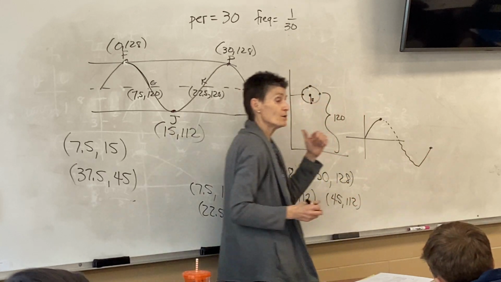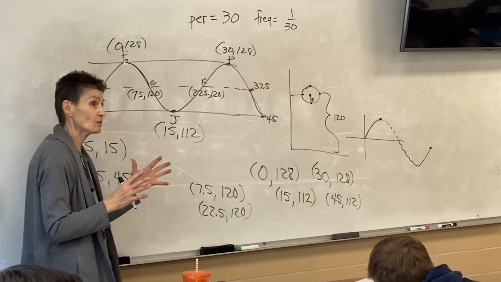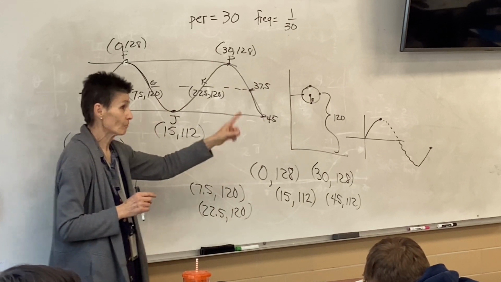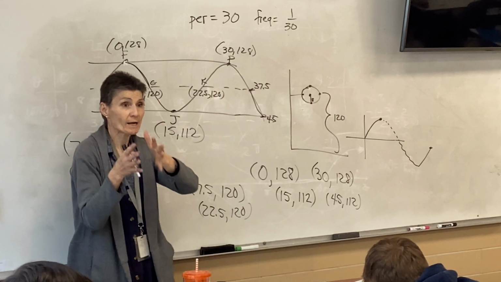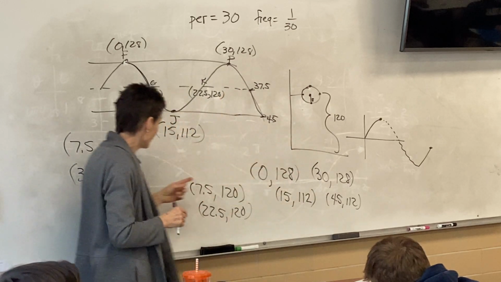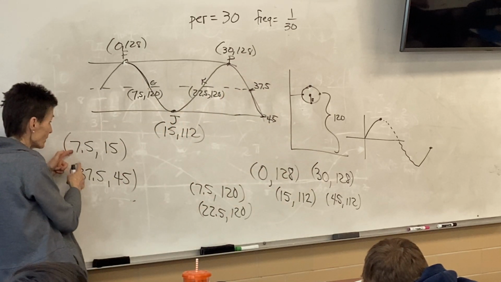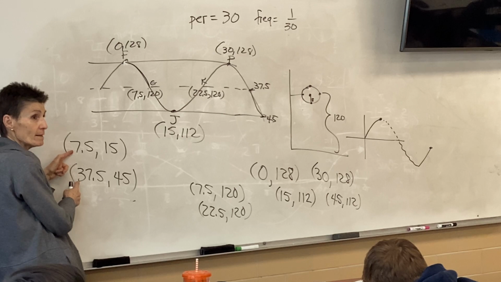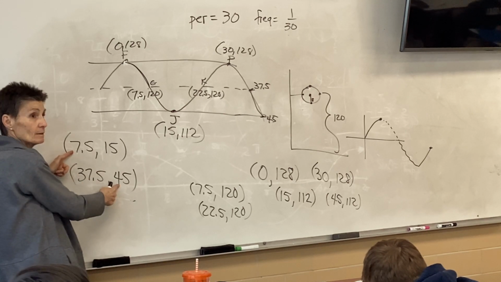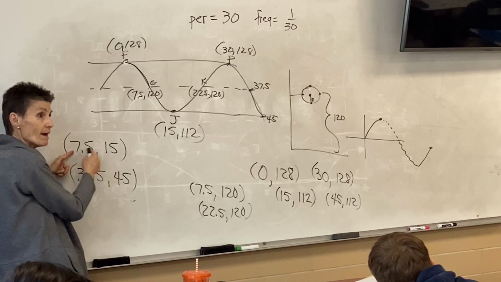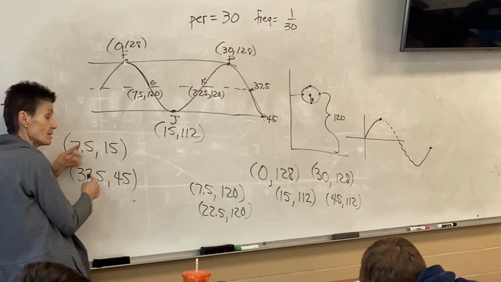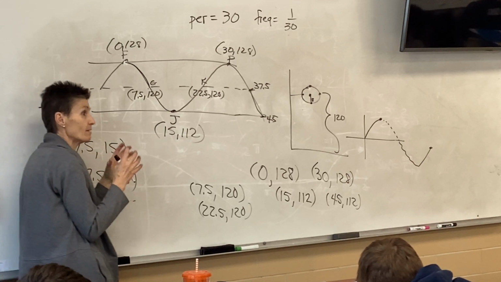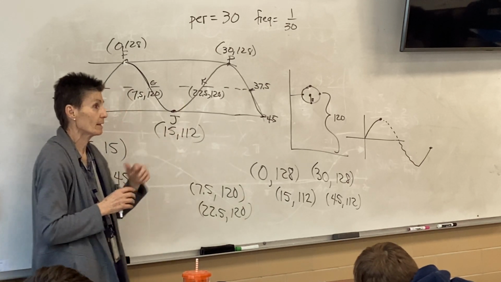So, when you have to identify these sections, each curve only has one section. So you're gonna have to look at the next period. Notice, what's the difference from here to here? 30, one period. Every period is gonna have that same characteristic. In this case, decreasing and concave up.